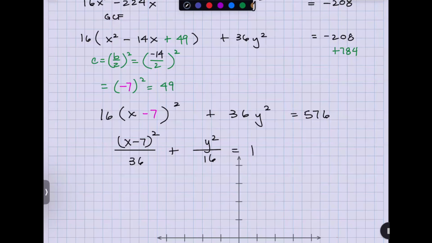Do you guys know what I did? I divided everything by 576. 16 divided by 576, I'm going to have 36 left. 36 divided by 576, I'll have 16 left. And then 1.